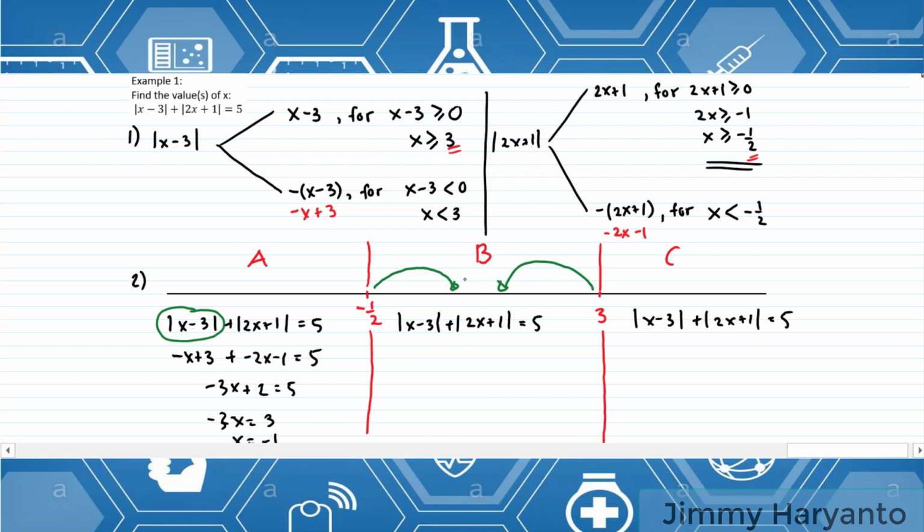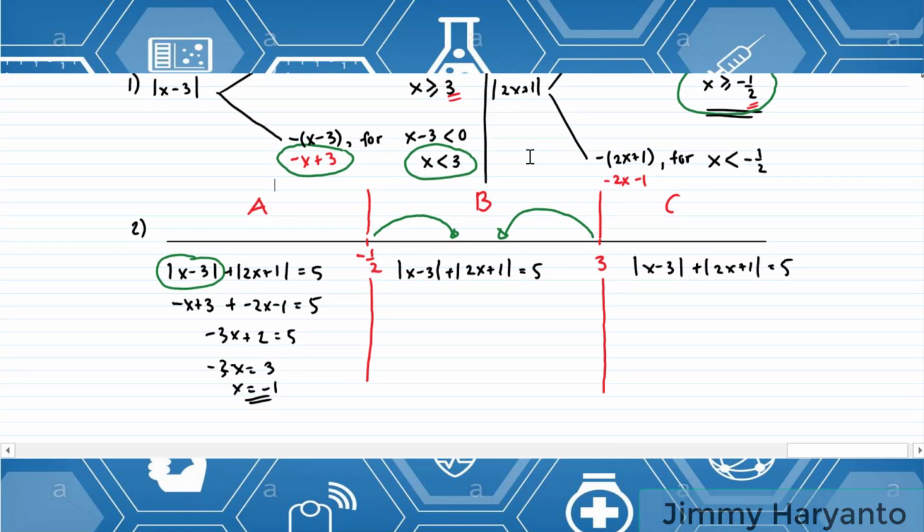The right side means greater than, so x is greater than negative half, so we mark the top one, and then we will use 2x plus 1. Next, room B is to the left of 3, so I mark x less than 3, and then we will use this one. Okay, do you get it now?